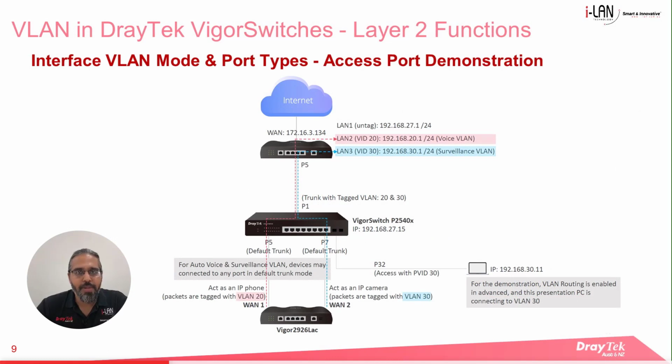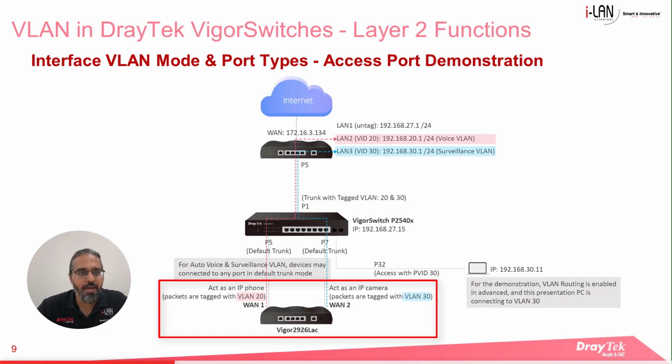I'll give you a brief demonstration of the auto voice VLAN. We will be using a Vigor 2926 LAC router shown at the bottom of this topology diagram. WAN 1 is used to simulate an IP phone which sends out data packets with a VLAN tag of 20.